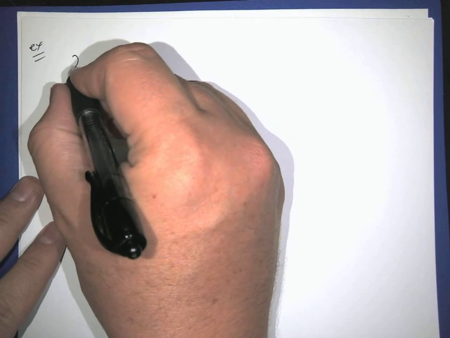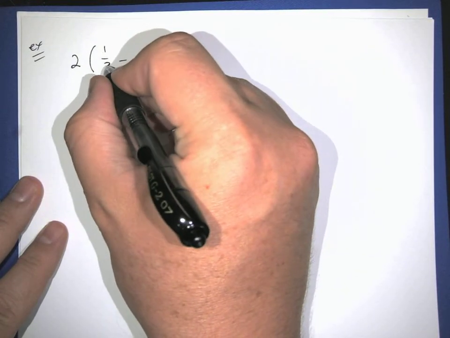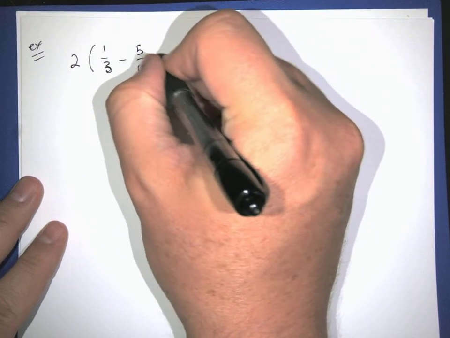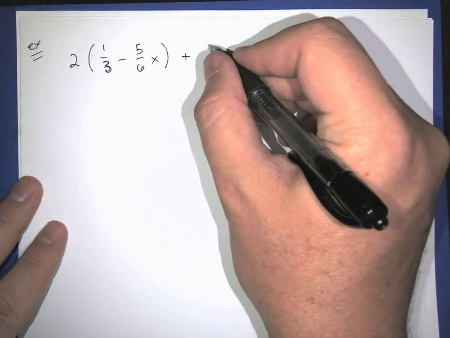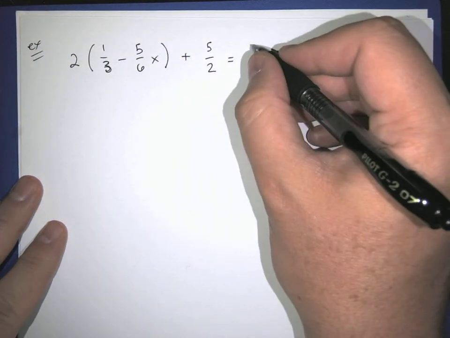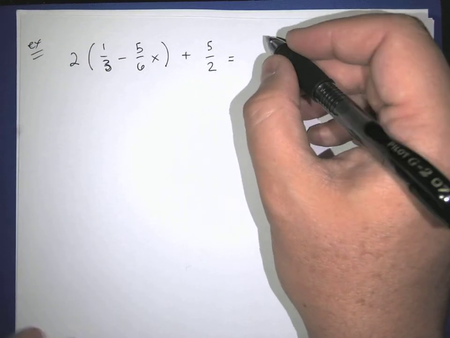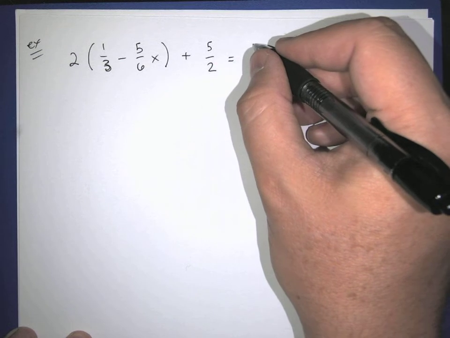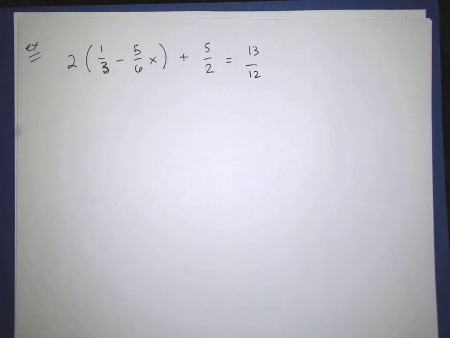So say you have 2 times 1/3 minus 5/6 x plus 5/2 equals, gosh, could be anything. How about 13 over 12.